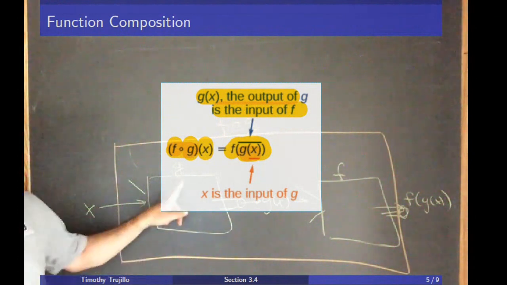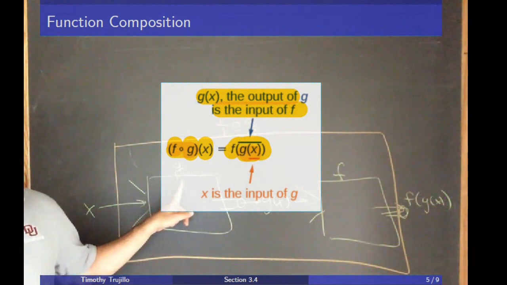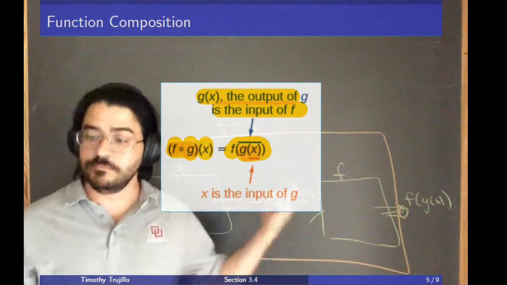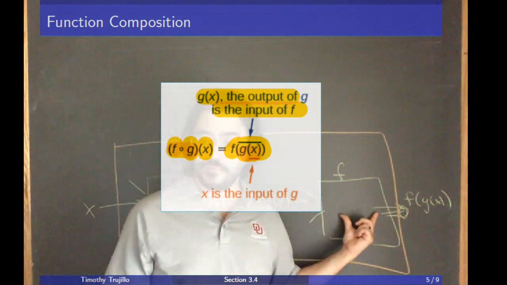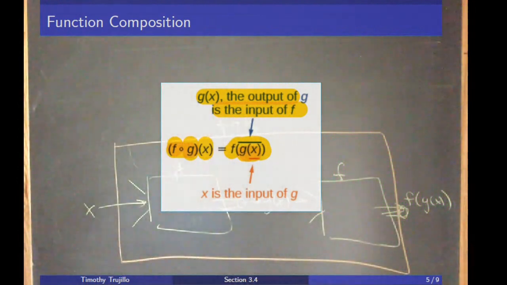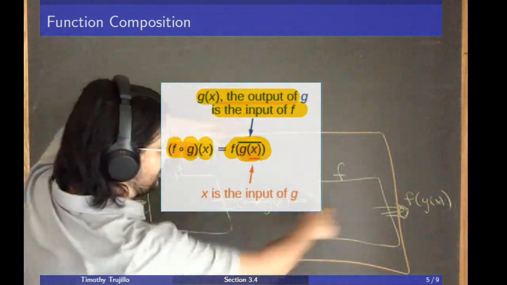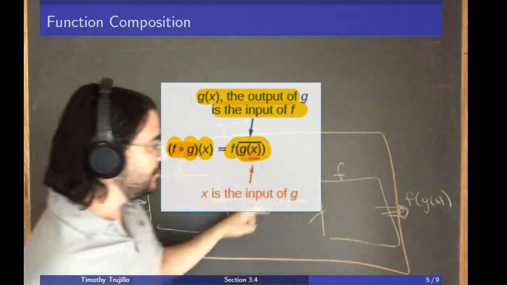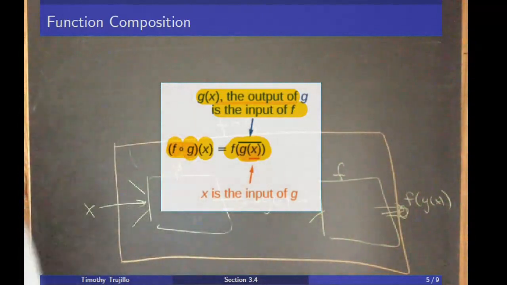So x is the input of g, and the output of g, denoted g of x, is now the input to f. Instead of putting them in parallel, we're putting them in series, running the output of one into the input of the other.